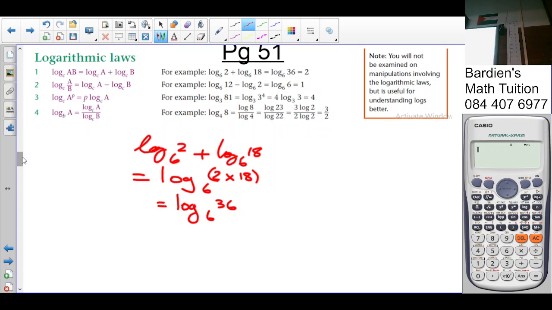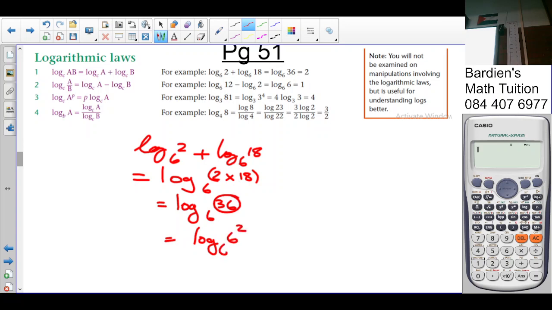Now we'll try and write it the same as this base here. If you punch it in the calculator and factorize it, you're going to get 2 squared times 3 squared. But the base here is 6, so I'll try and write the number and the base the same. So log 36 can be written as what?